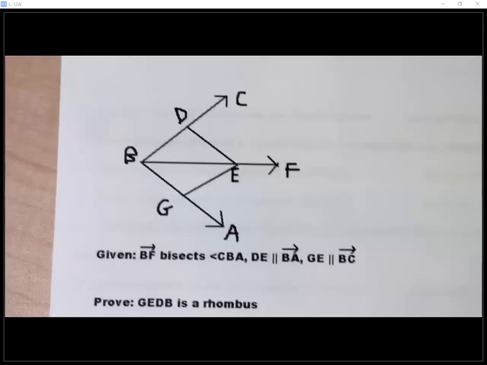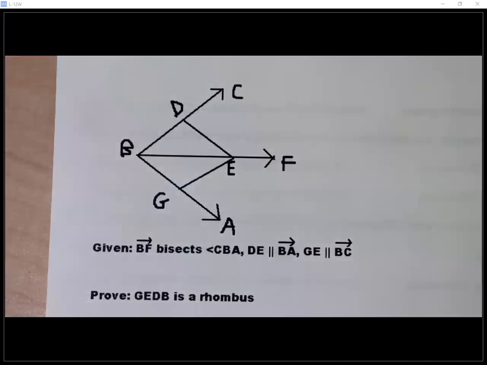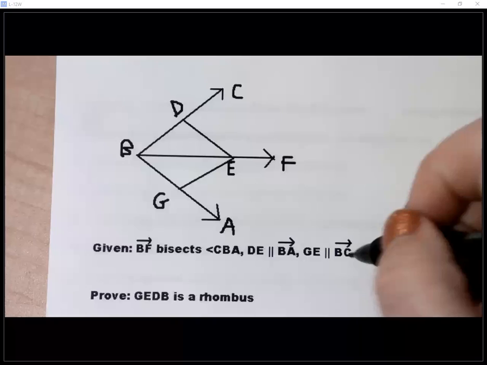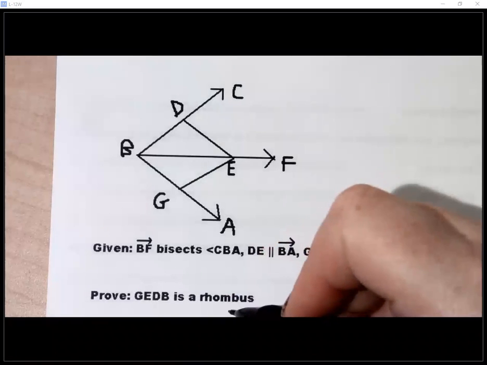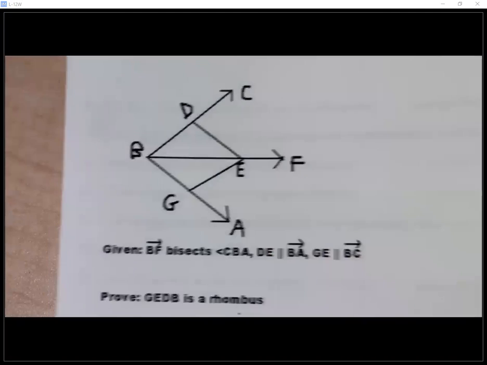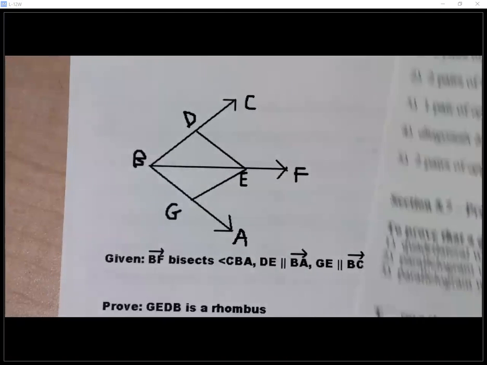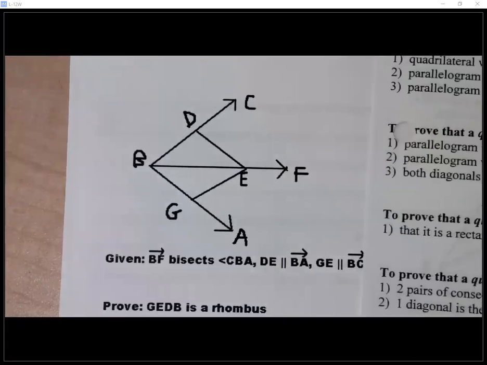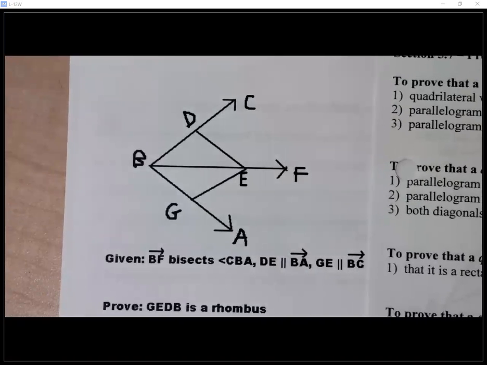All right, let's look at this thing. I'm given a bunch of information. My goal is to prove that this thing is a rhombus, right? I have the luxury of having 2 copies here. If I want to prove something is a rhombus, I can show that it's a parallelogram with any 2 consecutive sides congruent.